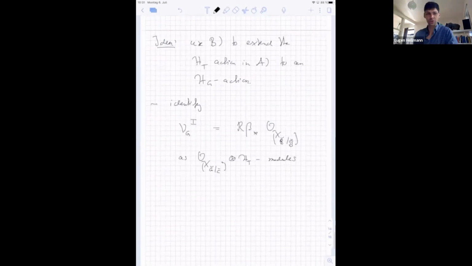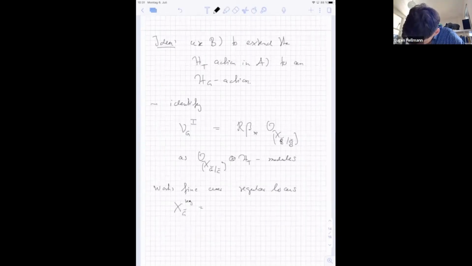That's what we want to do, and this works fine over the regular locus, X G check regular, consisting of phi and N which stabilize only finitely many flags.